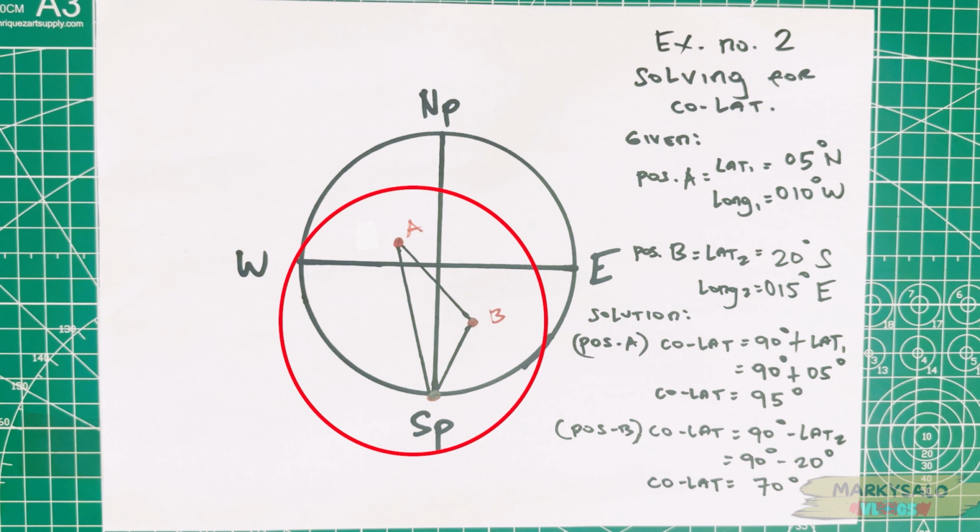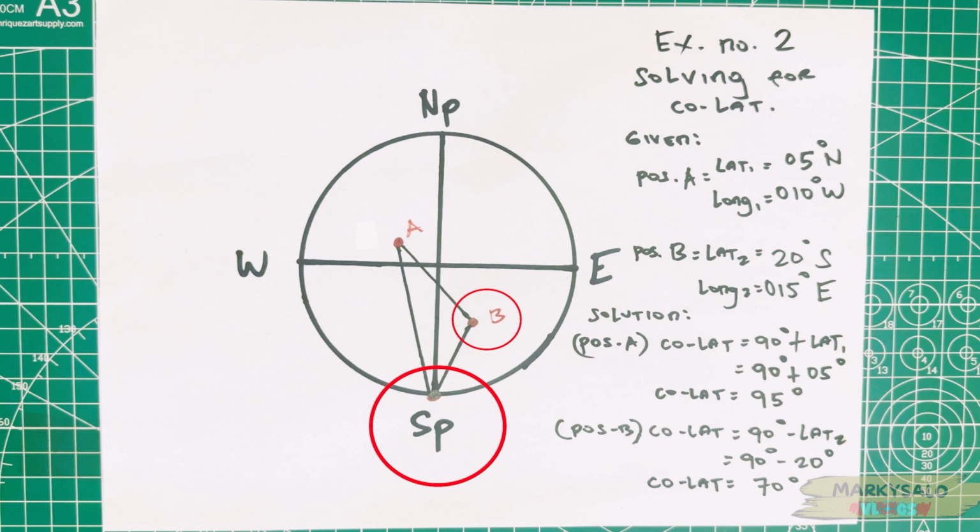So according to the rules, we need to connect to the pole of the latitude which has the greater value. So in this case, the value of latitude 2 is bigger than the value of latitude 1, which is 05 degrees north, while latitude 2 is 20 degrees south.